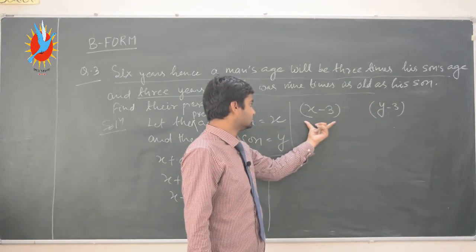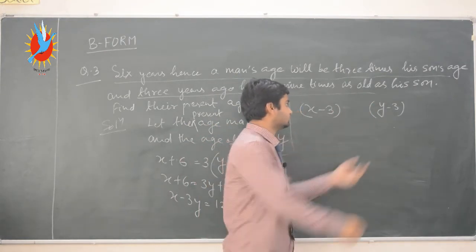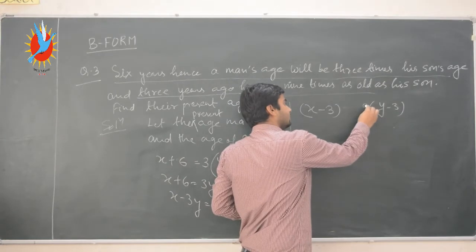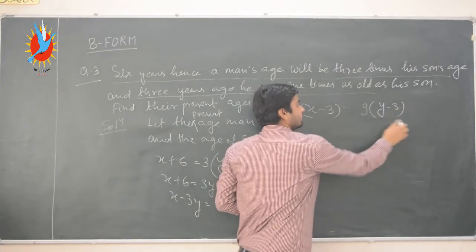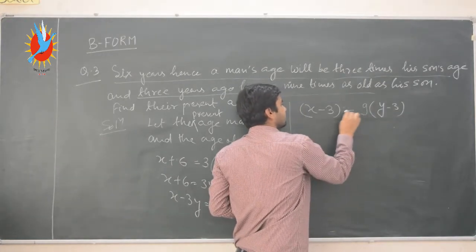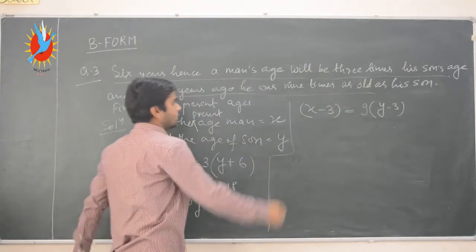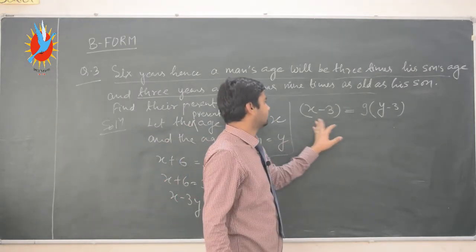So if we multiply the son's age with 9, it will be equal to his age. So we got equation 2 from condition 2 as this.